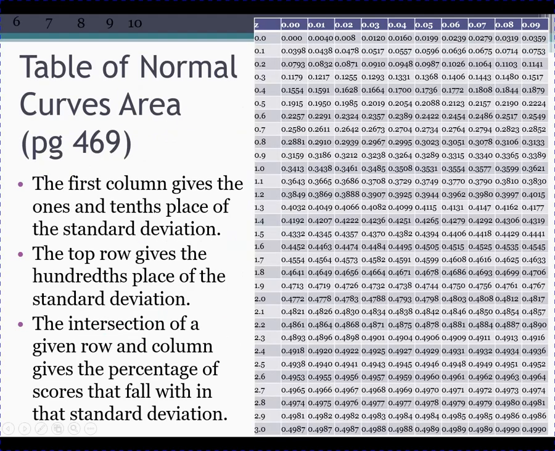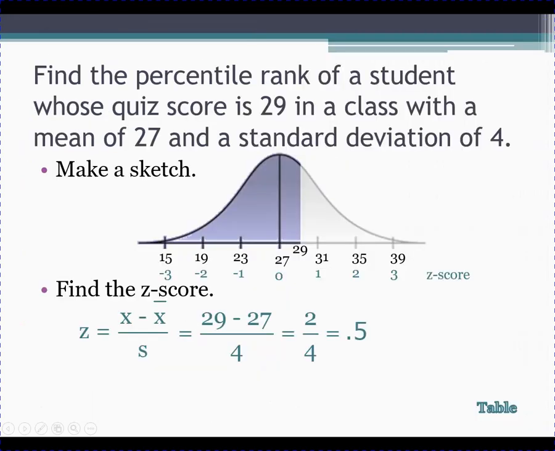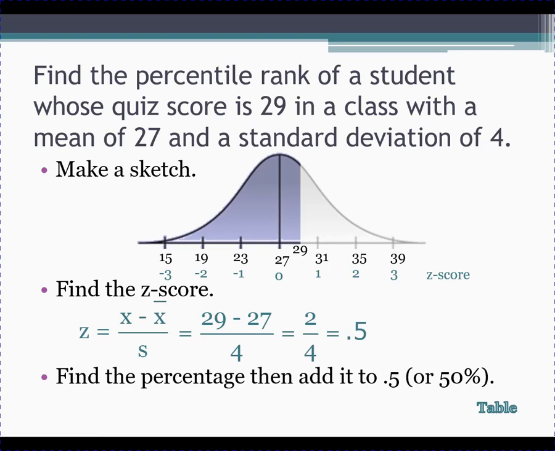We can find 0.5, which is right here: 19.15%. So here's our 50%, 0.5, all over in this region, plus the 0.1915. We add those together and get 69.15%. So the 50% to the left of the mean plus the 19% over here gives us the 69%.